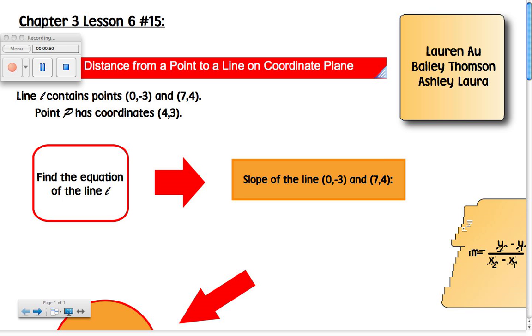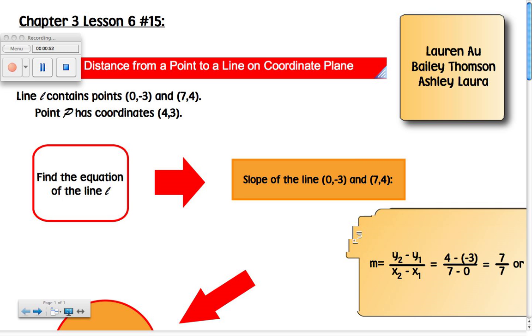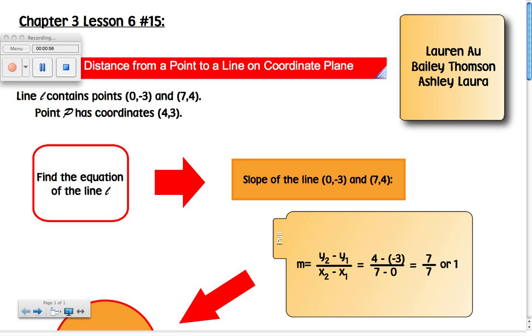And we're going to do that by using the slope formula, which is m equals y sub 2 minus y sub 1 over x sub 2 minus x sub 1. So we're going to plug in our coordinates, and we get 4 minus -3 over 7 minus 0.